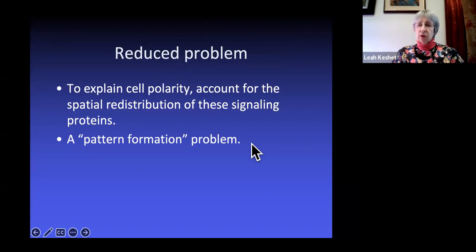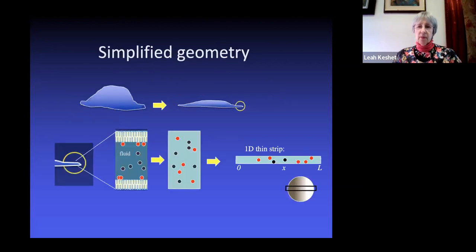Okay, so now I'm going to reduce the problem of explaining how cells polarize by accounting for the spatial redistribution of these signaling proteins, which is really a pattern formation problem in the style of Turing and Murray and all these other people who've worked on pattern formation. Again, let me emphasize the geometry. The cell, we've flattened it so that it's a sheet, and it's basically a membrane all around with a fluid interior.